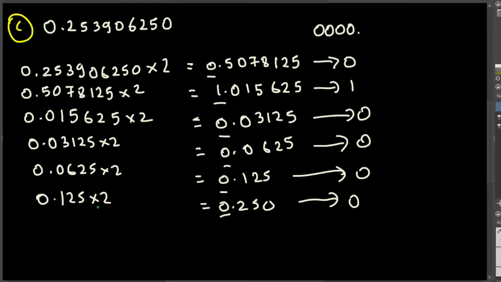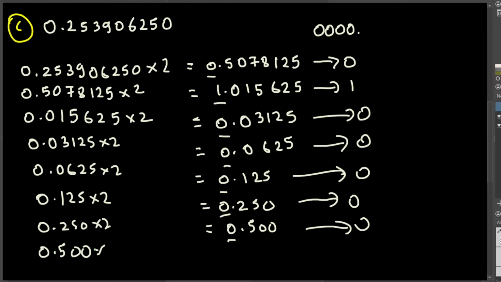And 0.250 multiplied by 2 is 0.500, that is 0 right here. And 0.500 multiplied by 2 is 1.00. Here we have 1, we put it right here, and we stop because after the decimal point we have 0 0.